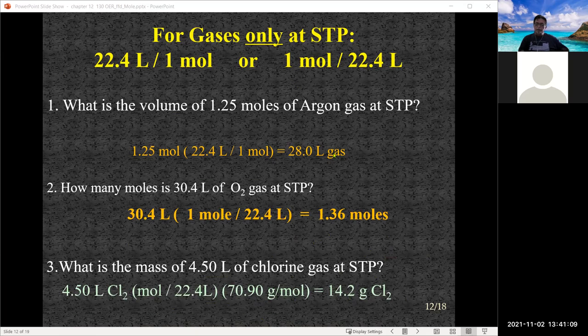You can see that 4.50 liters of chlorine gas at STP would weigh 14.2 grams. So we took the volume of a gas that we know, and we calculated how many grams that consists of. That's what we did here.